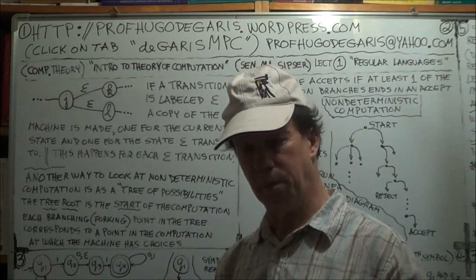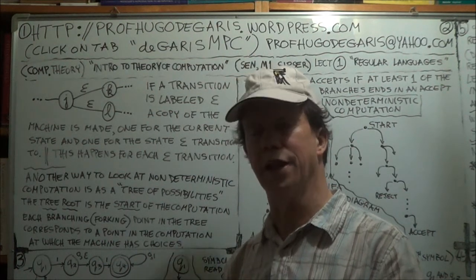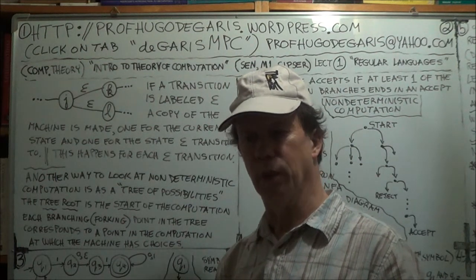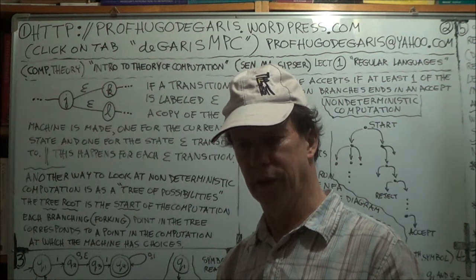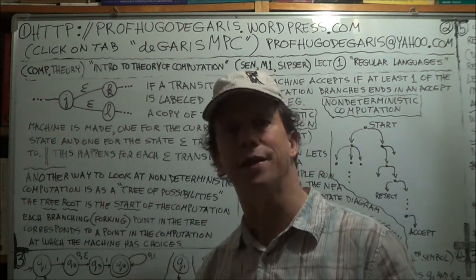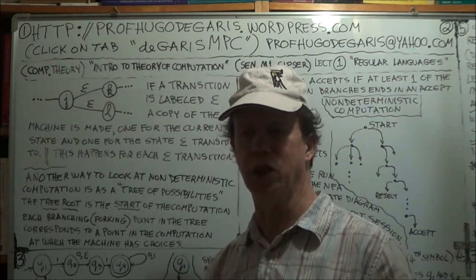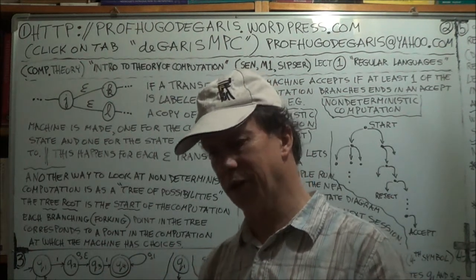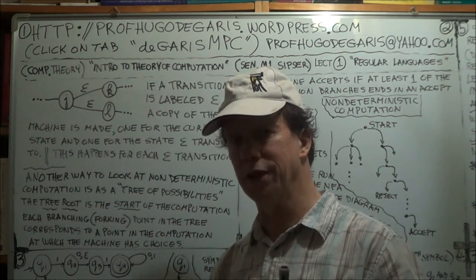Also, if for a given current state you have more than one exit arrow with the same symbol, then you make a copy of the machine, and one machine will branch one way, and another copy will branch the other way. So there are two circumstances where you're making these copies of the machines.